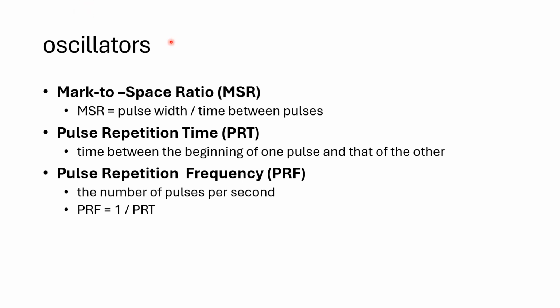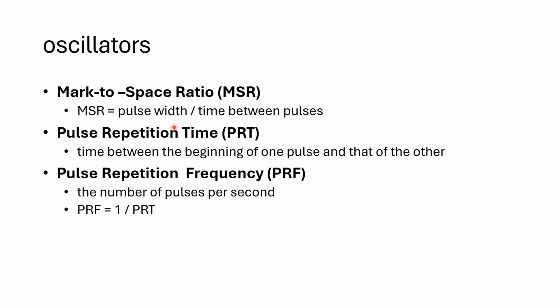Okay, so we have what we call MSR. MSR means mark to space ratio. So MSR is pulse width divided by time between pulses. Pulse width is your mark, time between pulses is your space.